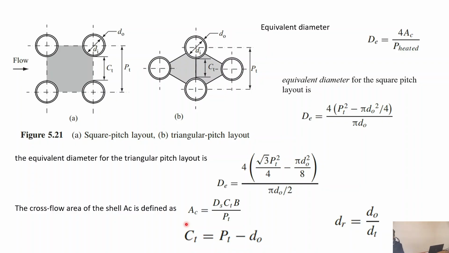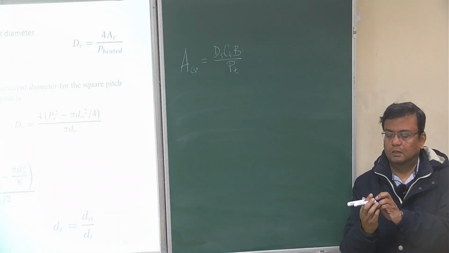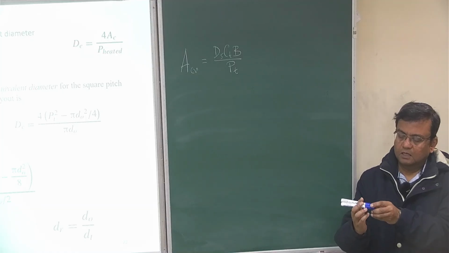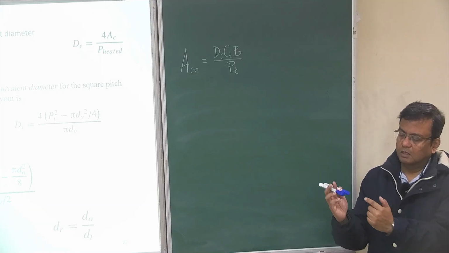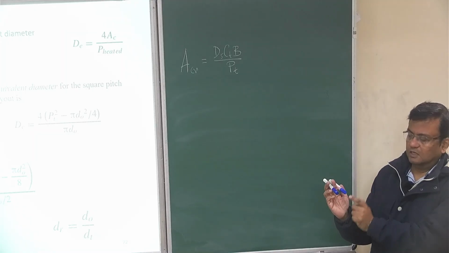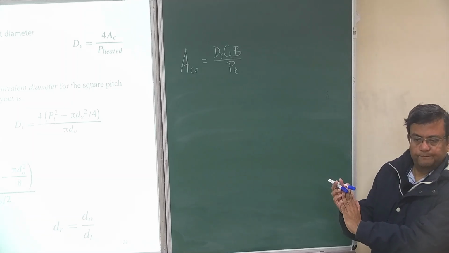Now, what is that cross flow area? So you have these tubes, and as the flow goes through this, it sees this area, right? This cross sectional area here.